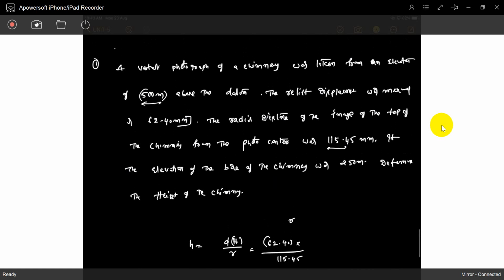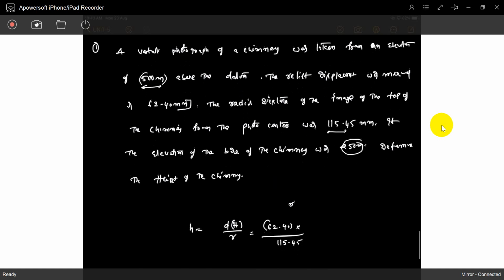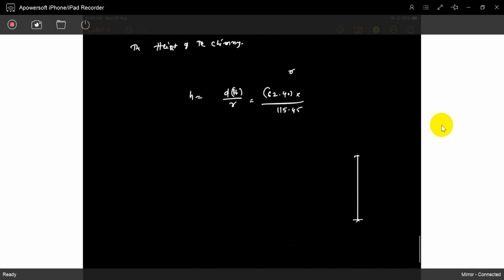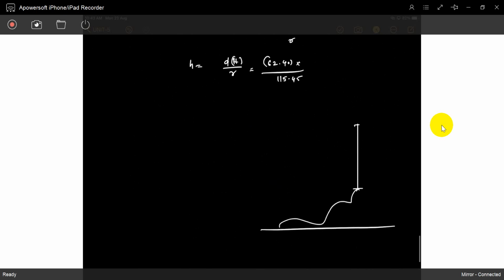But what do you think? The elevation of the base also, the elevation of the base of the chimney. That means what he said is, it's a chimney, but this elevation is some ground. The datum is this. He said that this is 500. The bottom of the chimney, he said, is 250.